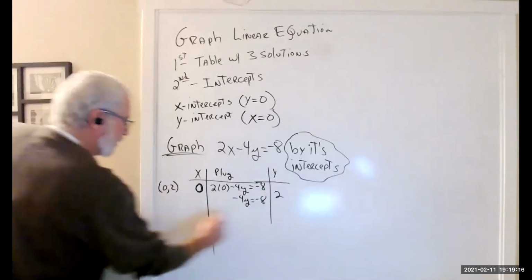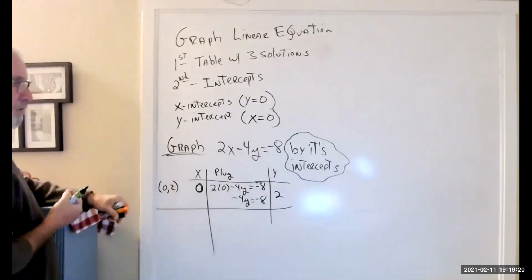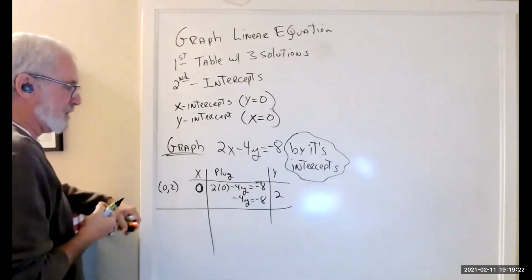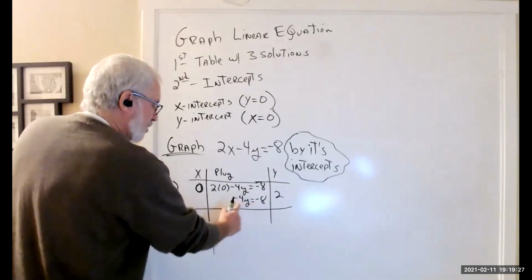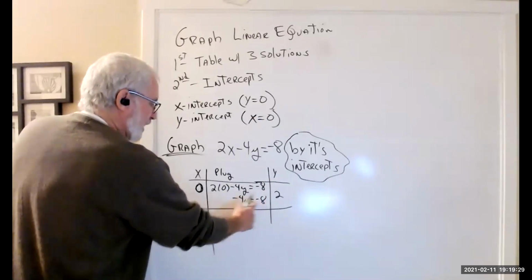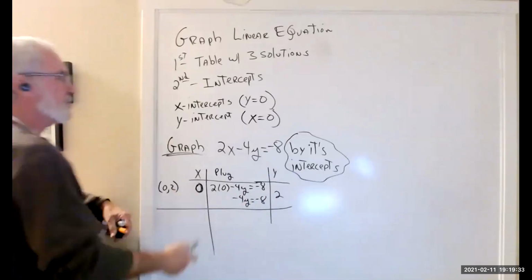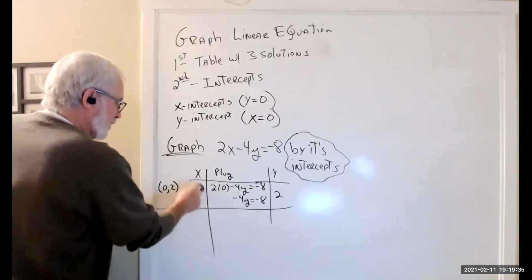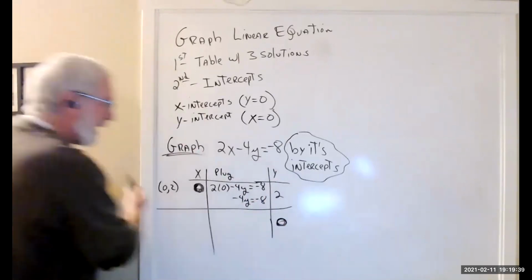I didn't plan this out very well. Are you guys okay with my arithmetic? I divided both sides by -4. So -8 divided by -4 was 2. Now, the other intercept, we started with x is 0. We're going to start with y is 0 and work backwards.